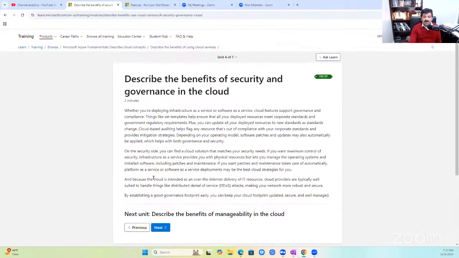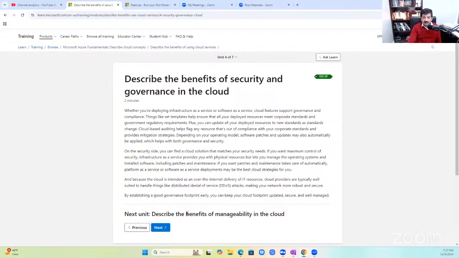And the benefits of security and governance are that since you deployed applications over the cloud, you don't have to worry about security patches, the latest patches. They will apply them for you. They make sure you're following good governance rules and good security practices.